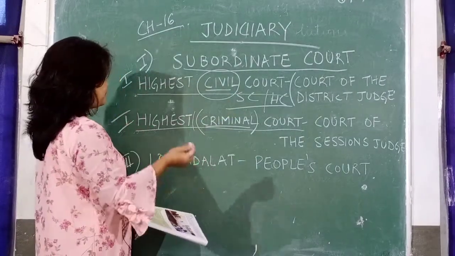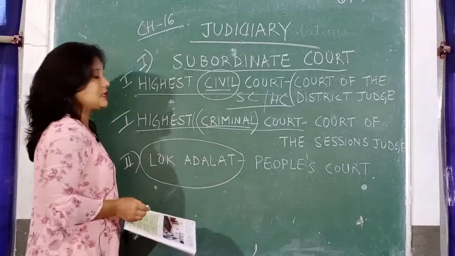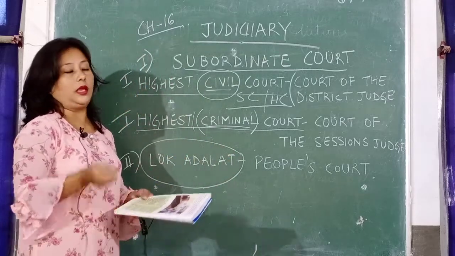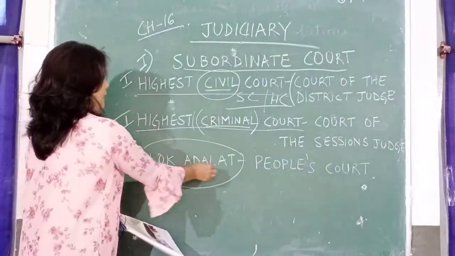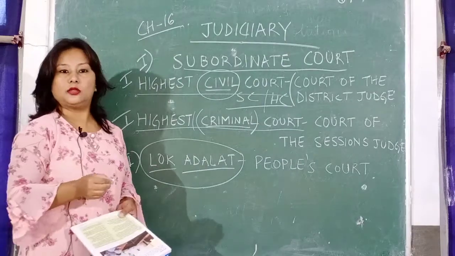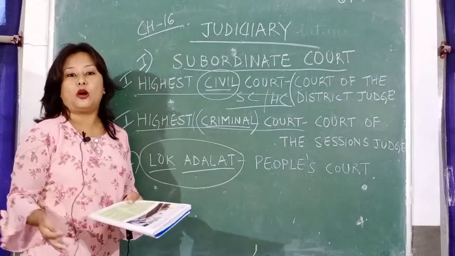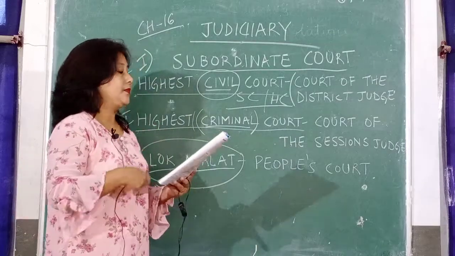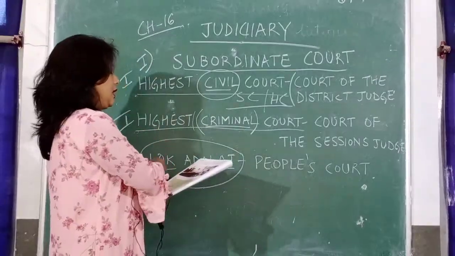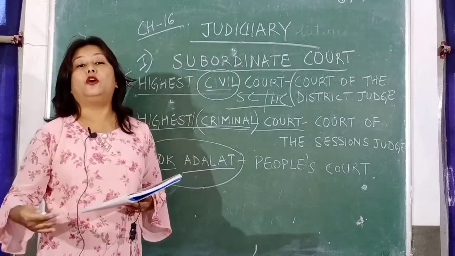Then we come to the last topic of the chapter, which is Lok Adalat. Lok means people, Adalat means court. So Lok Adalat means the people's court or the court for the people. Now, Lok Adalat is basically for which kind of people? The people who cannot afford justice.